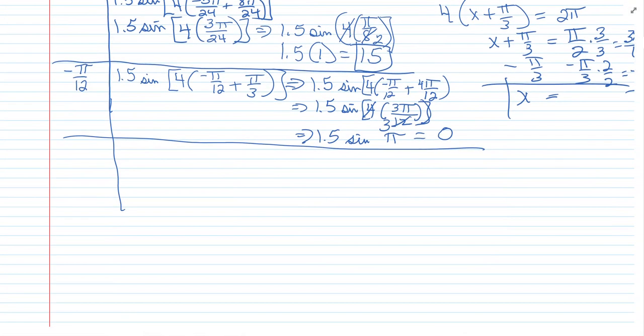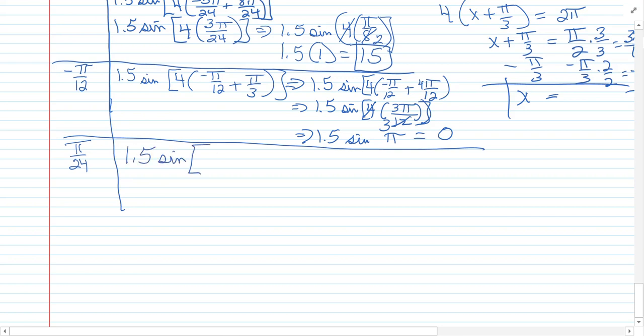Okay. And then our next one is going to be, I'm finally in the positive, pi 24ths. And I'm going to have 1.5 sine of 4 parenthesis pi 24ths plus pi thirds. And that's going to give me 1.5 sine of 4 parenthesis pi 12ths plus 4 pi 12ths.